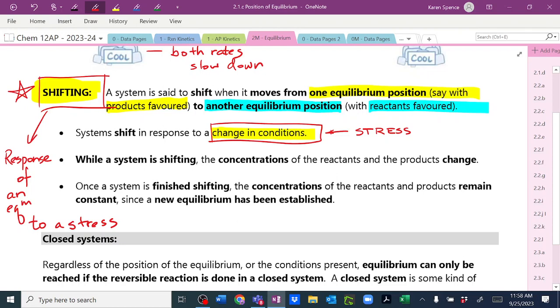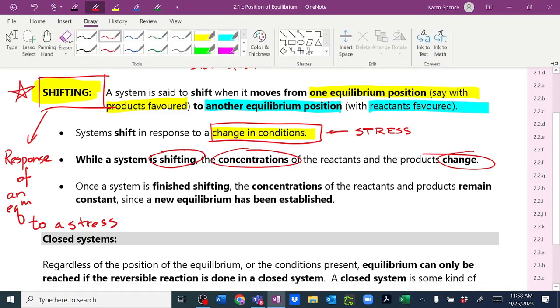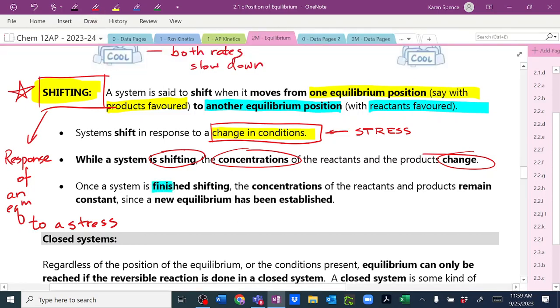Will they be staying the same or will they be changing? They will be changing. So while it is shifting, the concentrations will change. Once a system is finished shifting, what happens to the concentrations? The concentrations remain constant because we have established a new equilibrium. Okay?